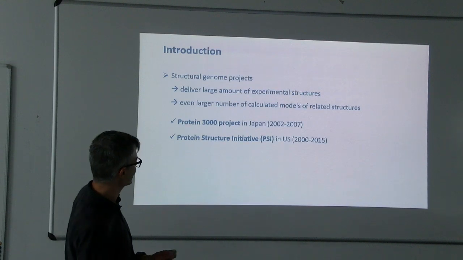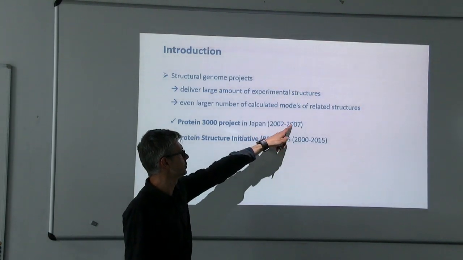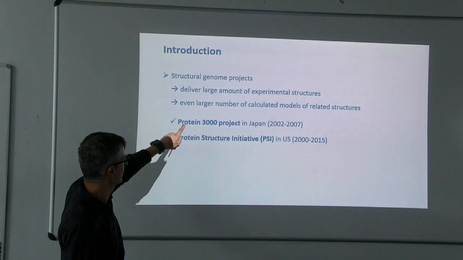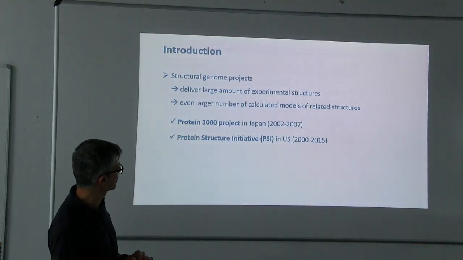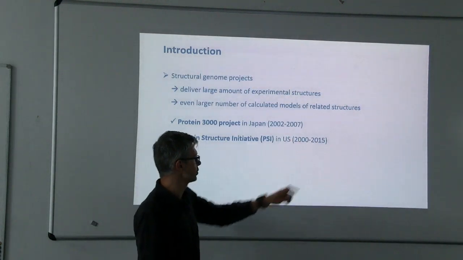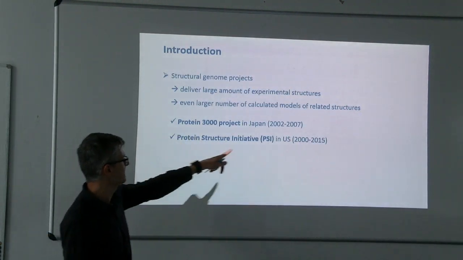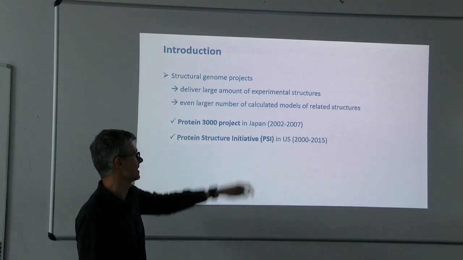So there were two projects: one from 2002 to 2007 in Japan, which was called the Protein 3000 project, and there was also one in the United States, from 2000 to 2015, called PSI, or Protein Structure Initiative.